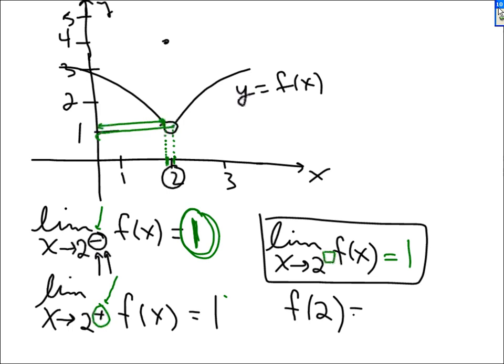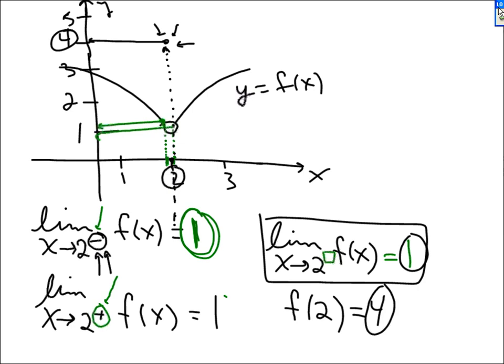Okay, what is f of 2? Well, you go to 2 and you look below and above until you hit the graph. And I hit the graph right there. And the y value is 4. f of 2 is 4. Notice, they're not even equal.